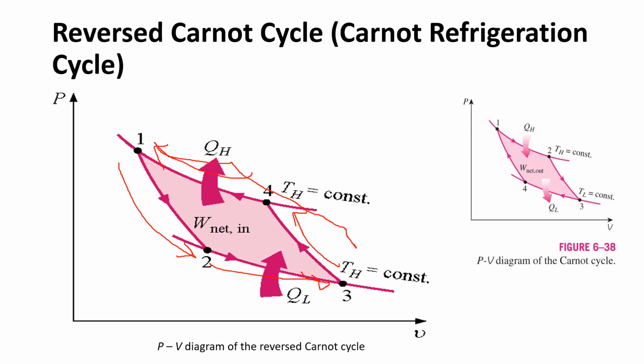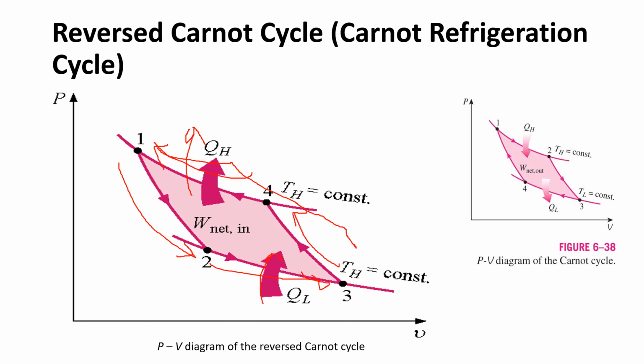In the Carnot heat engine, they want to give heat to a warmer space, so there will be heat inside and it will give heat to a warmer place, and therefore all the processes that comprise it can be reversed, in which it becomes the Carnot refrigeration or Carnot heat pump.